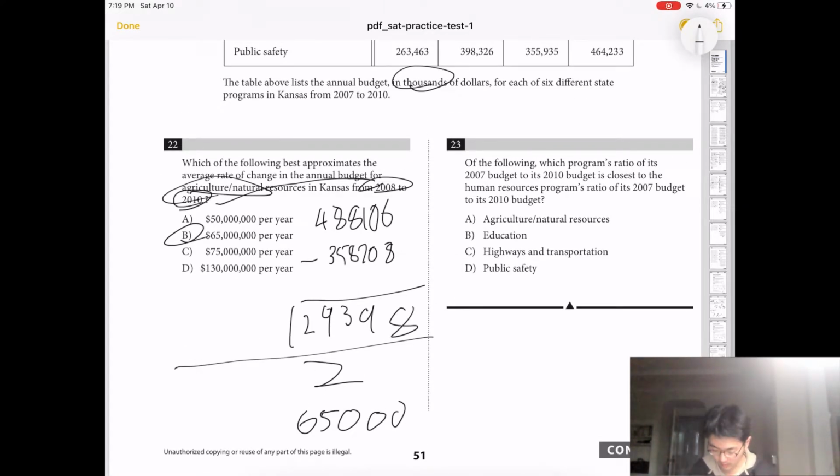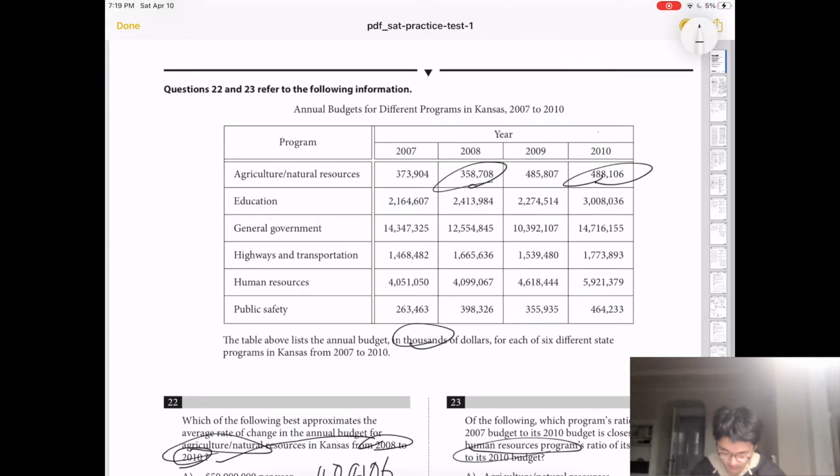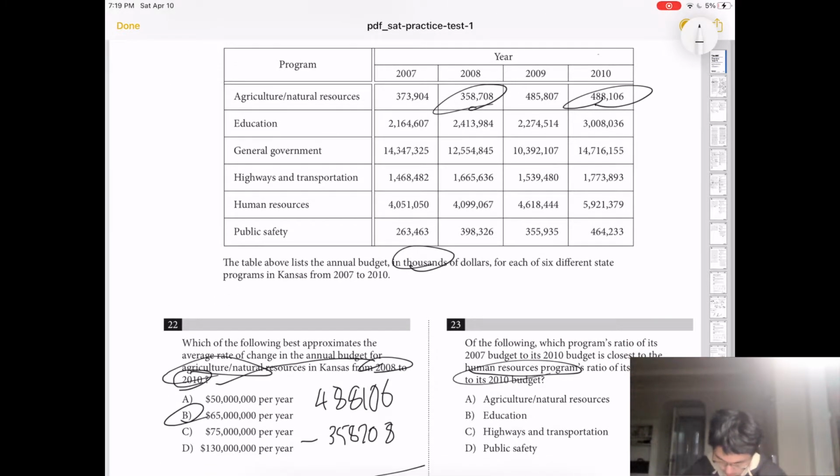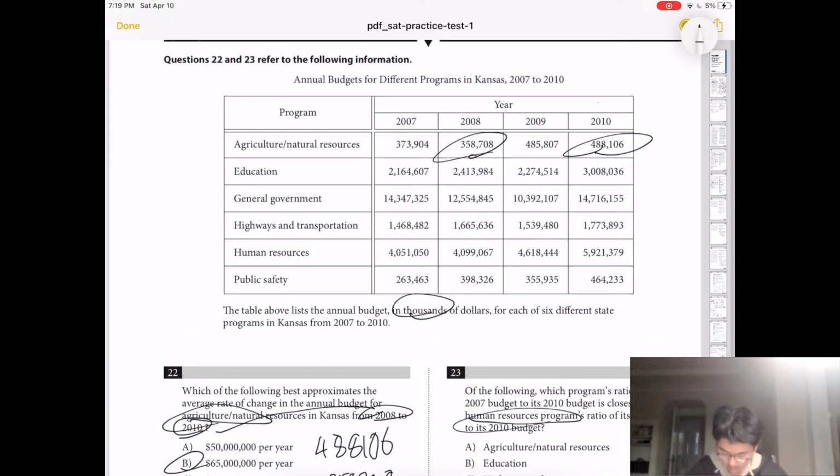And number 23, which program's ratio of 2007's budget to 2010 is closest to human resources? Okay, so for human resources, the ratio is 4,051,050 divided by 5,921,000, which is about 0.684.